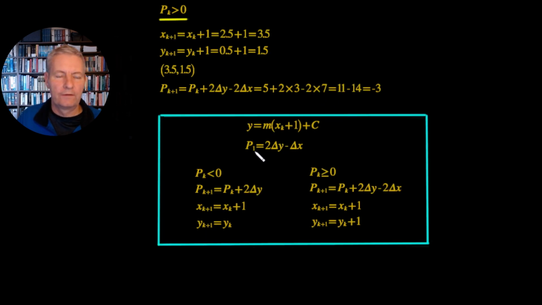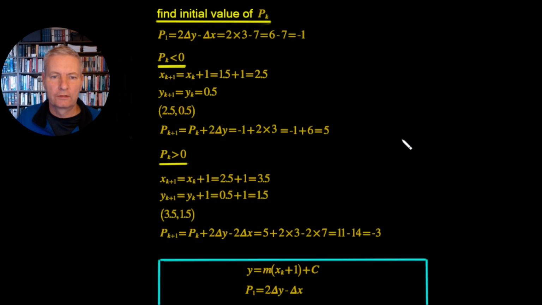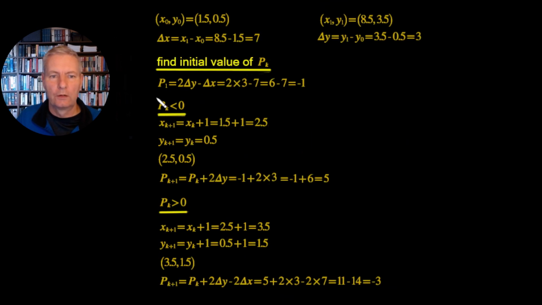The very first value for our pk is going to be 2 delta y minus delta x. So it's going to be 2 times delta y, which is 3, minus delta x, which is 7. So 2 times 3 is 6, minus 7, which is minus 1.